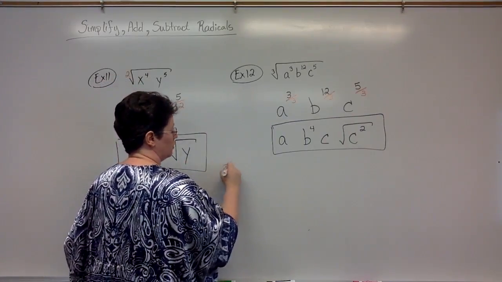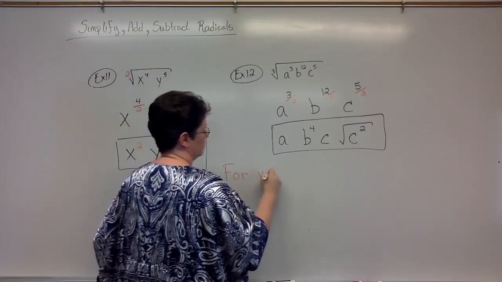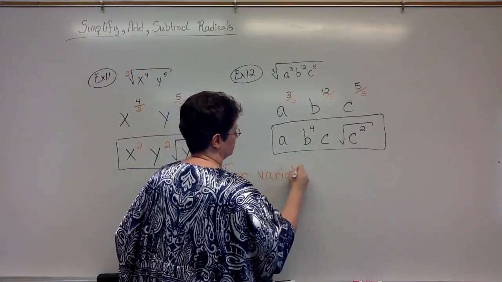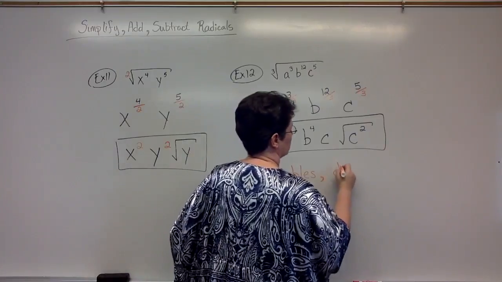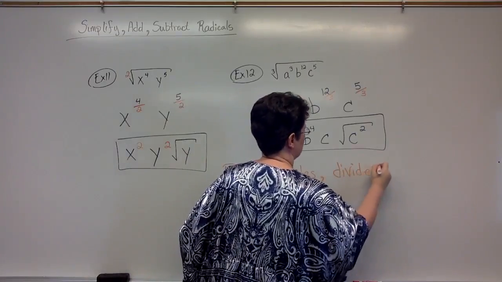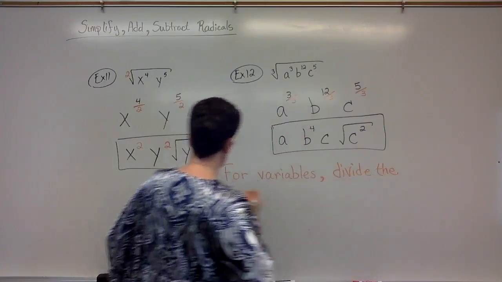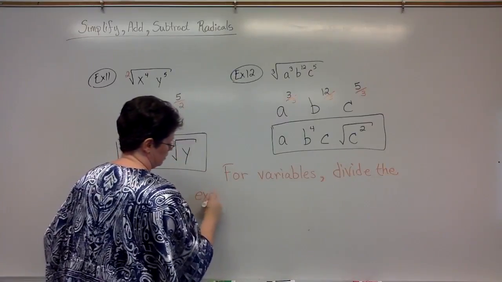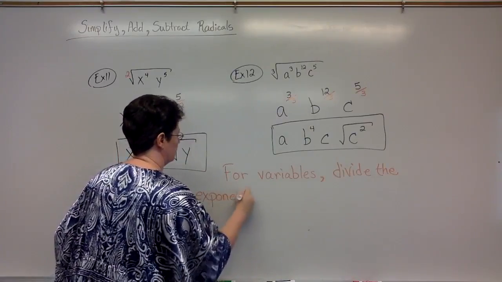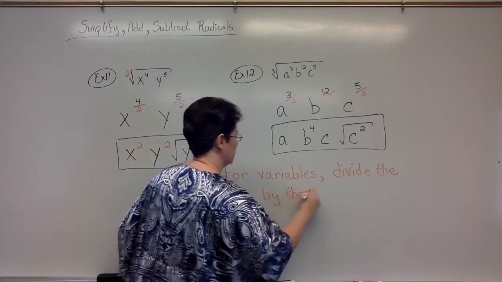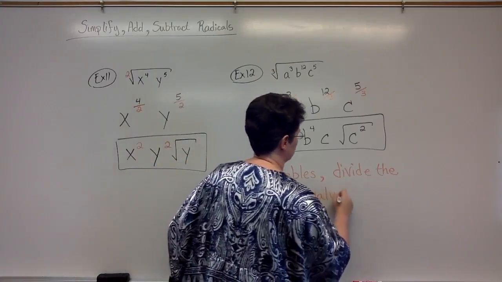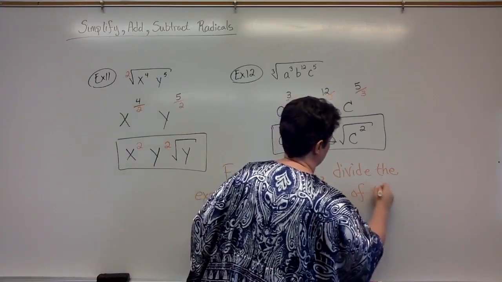So write that out. For variables, divide the exponent by the value of the radical.